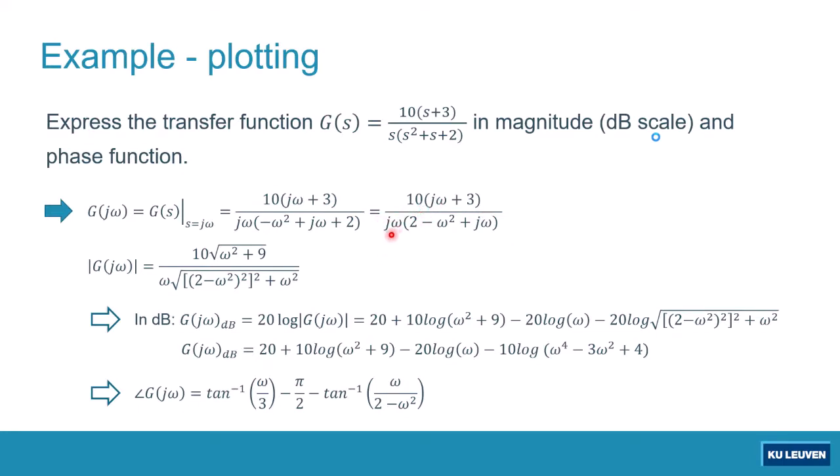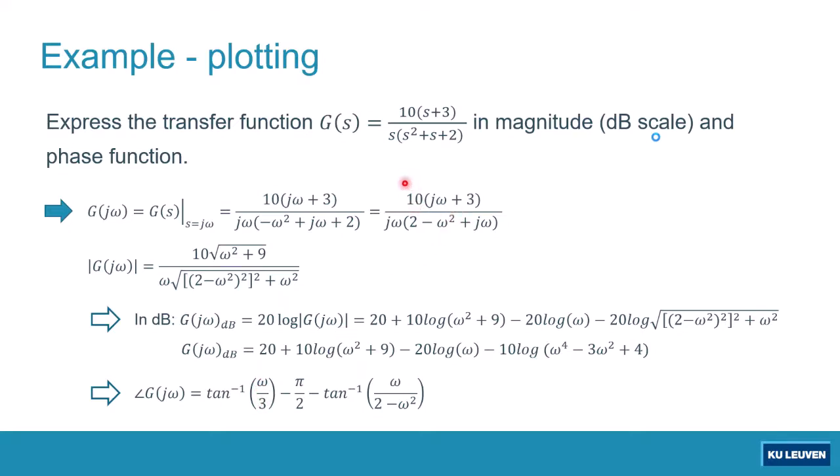And again, the denominator contains two parts, it contains j omega and this part. The angle of the denominator will be equal to the angle of this plus the angle of this. So at the end, the angle of my G(j omega) here is equal to the inverse tangent of the imaginary part divided by the real part, inverse tangent of omega over 3.